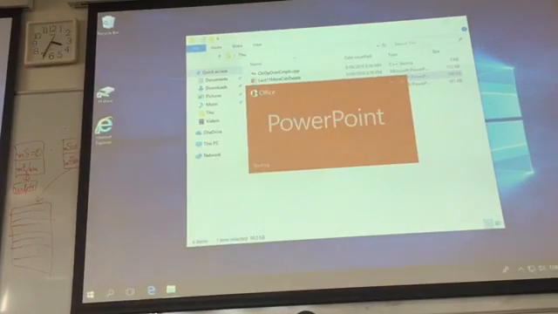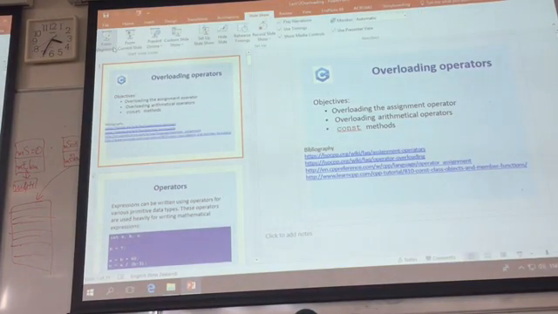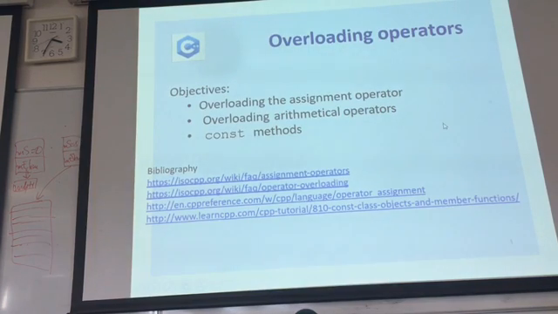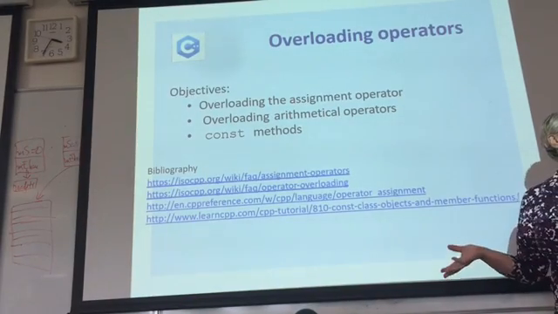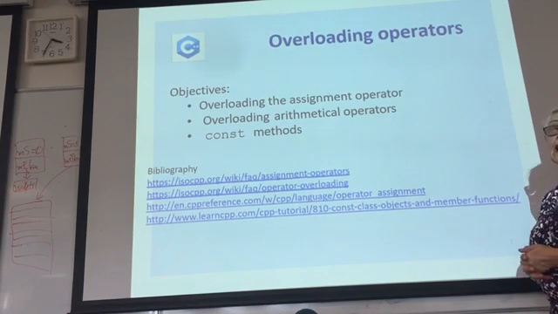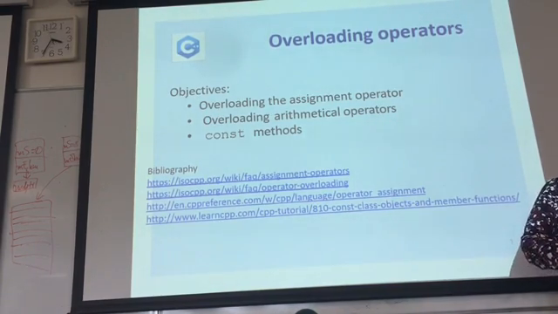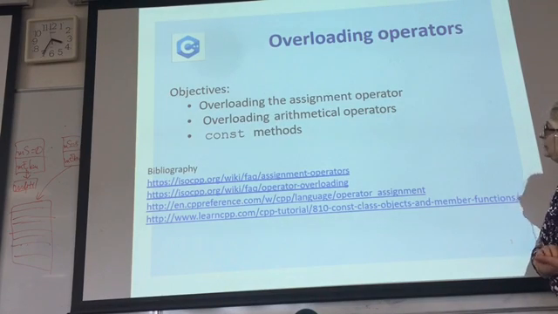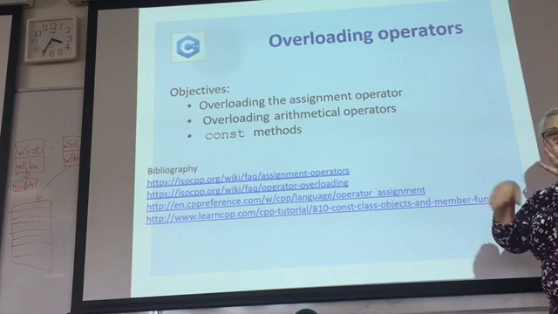for constructors. And to have more fun, it's good to know that when you design numerical types, maybe for some other types as well, you can overload operators. Operators are a lot of them.